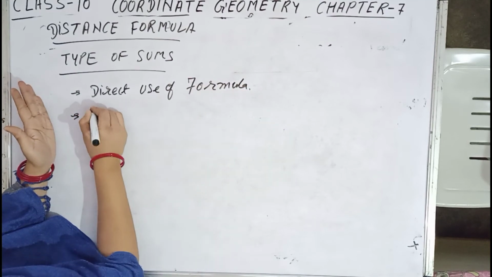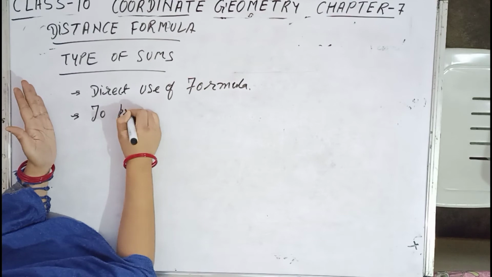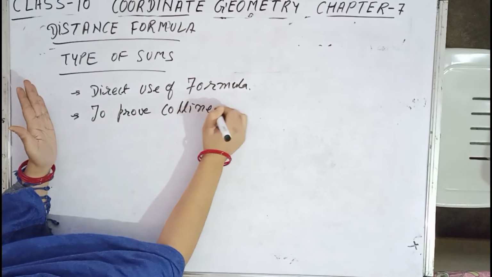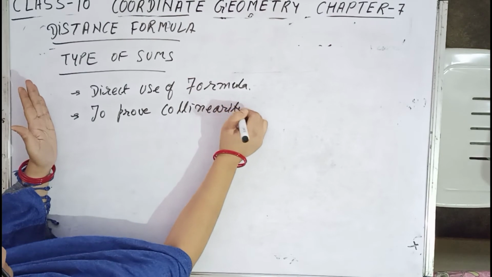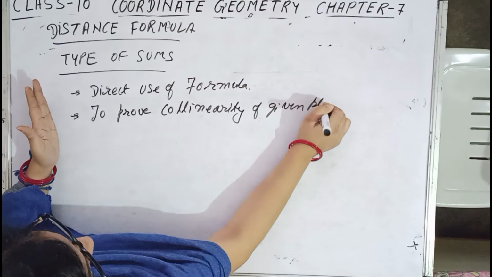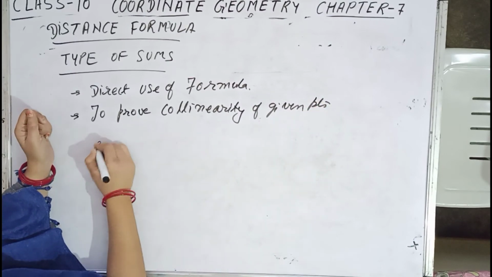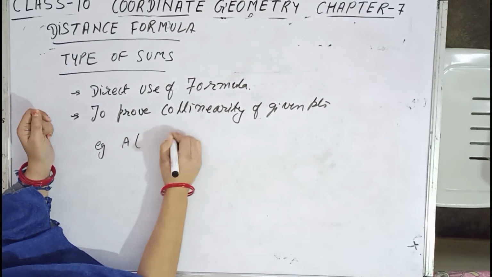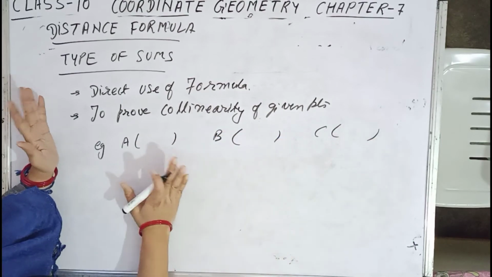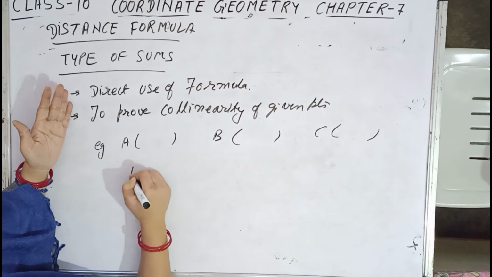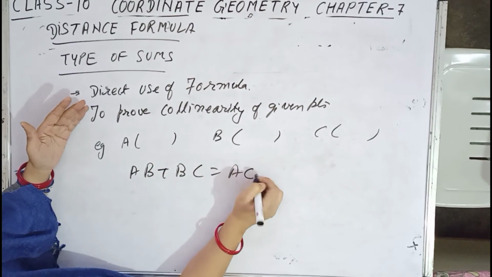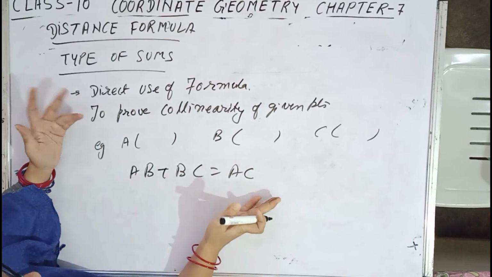Number 2, to prove collinearity of given points. Now children, suppose you have to prove A, B and C to be collinear, and if I prove that AB plus BC is equal to AC, then obviously A, B and C are in a straight line.